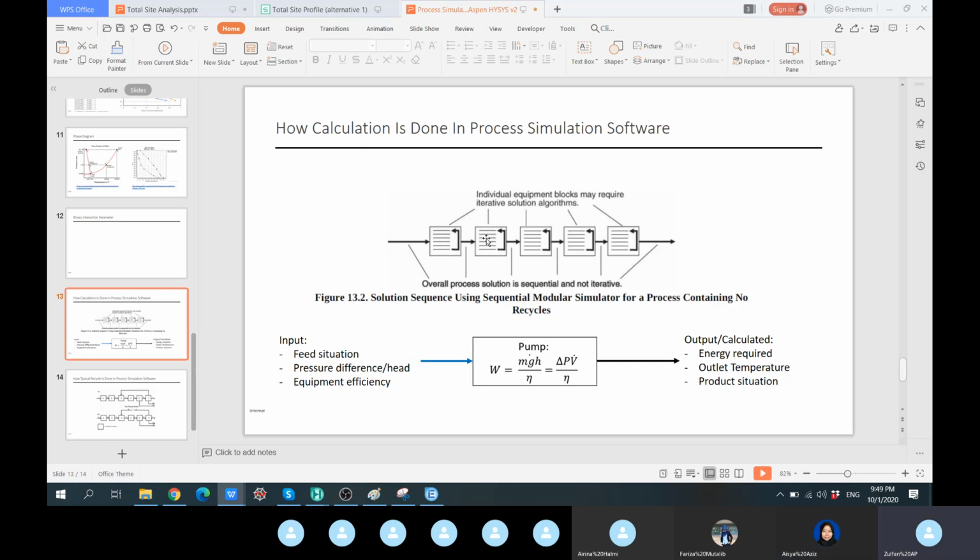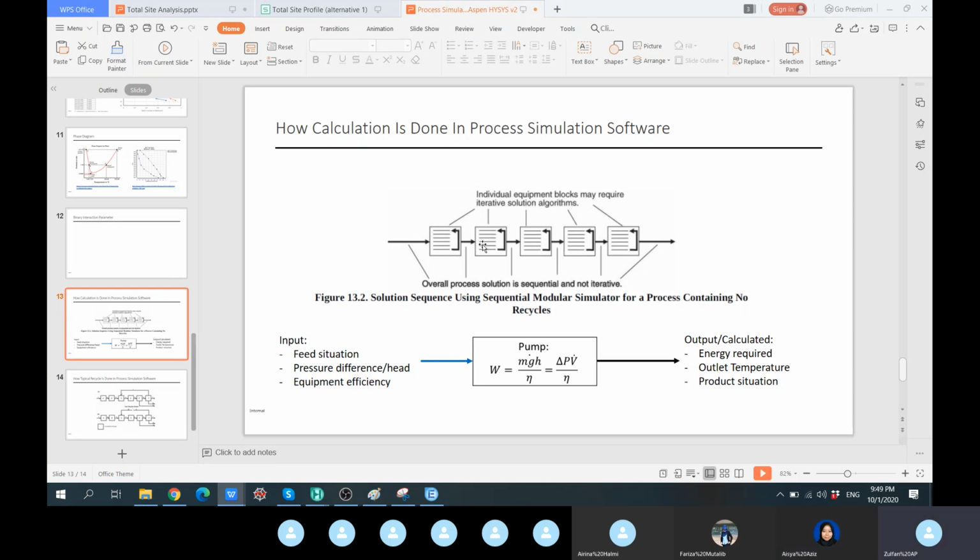We have to specify whatever is needed in this unit operation, and then the outlet stream will be calculated accordingly, and so on and so forth. So moving from left to right, from one block to the other, or from one module to the next module, that's what they call sequential modular calculation.